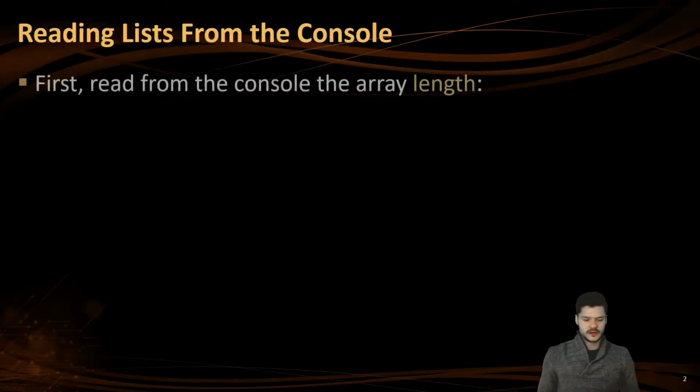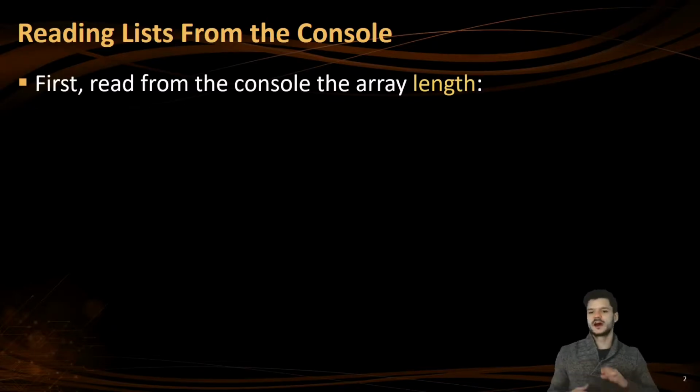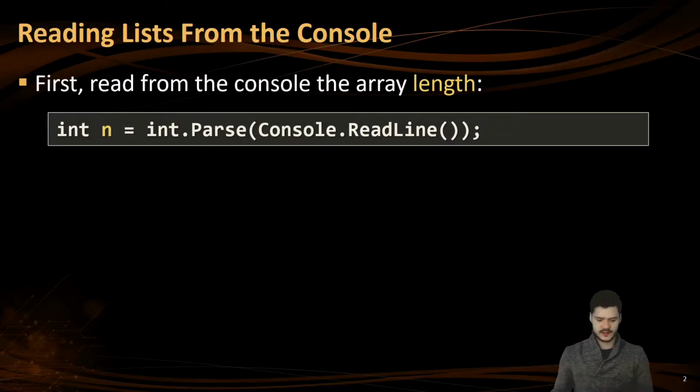So reading a list from the console, we have here a use case scenario. First we read the array length from the console, and not because we have to define it, but we have to create a for loop with this length in order to get every element from the console line.